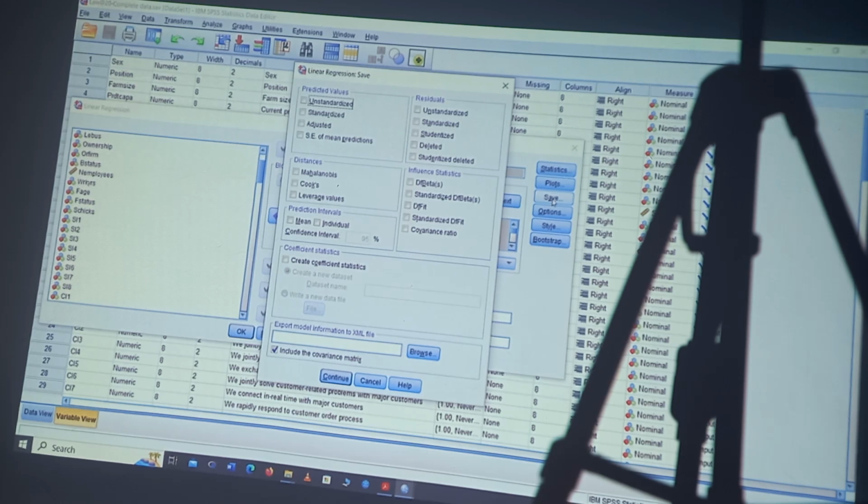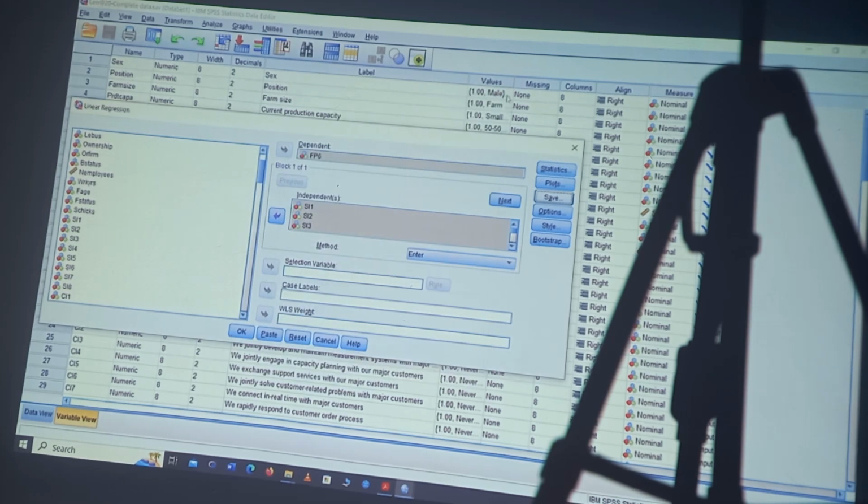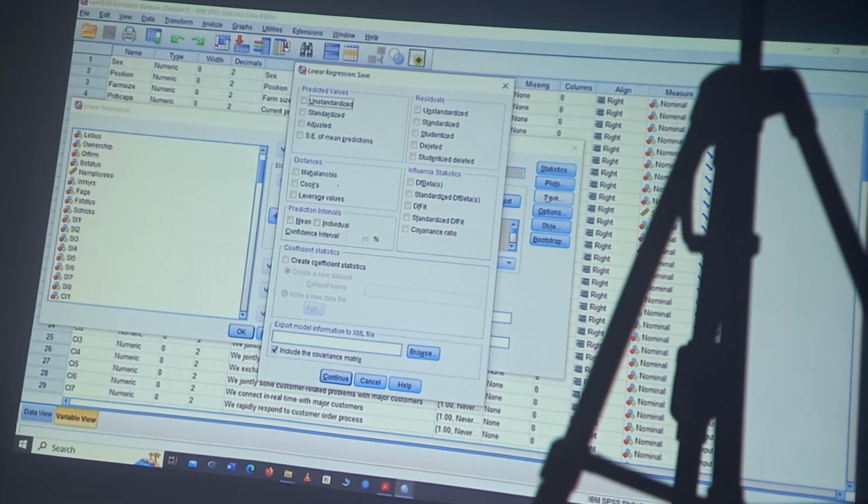Okay. Then the next one is that you go to Save. You click on Save, and this box will come.